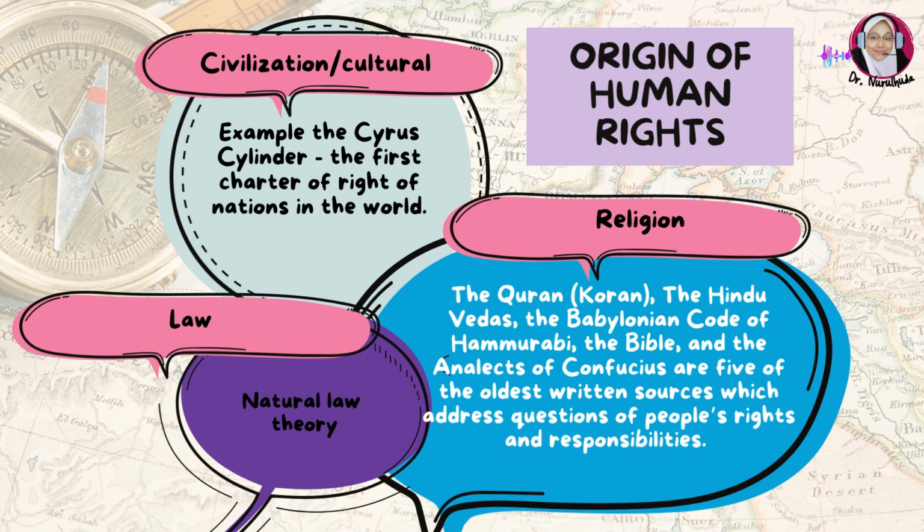And we have religion, where the Quran, the Hindu Vedas, the Babylonian Code of Hammurabi, the Bible, and the Analects of Confucius are 5 of the oldest written sources which address questions of people's rights and responsibilities. And with regards to law, there are various perspectives of law that also discuss human rights, and one of them would be the natural law theory.